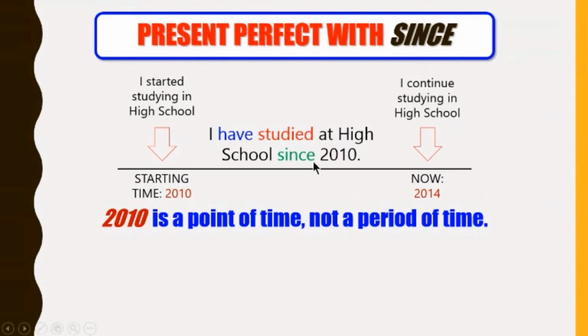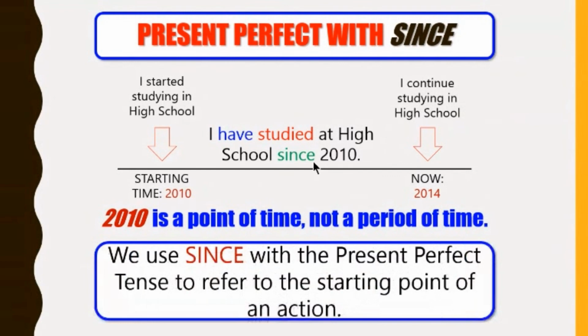In Spanish, "desde." We use "since" with the present perfect tense to refer to the starting point of the action. I have studied English since November, so you started studying in November. Or, I have lived here in Huancayo since I was a baby. Desde que era un bebé, no? Since I was a baby, right?